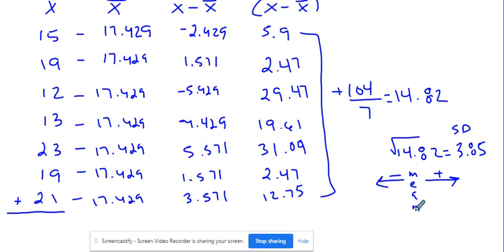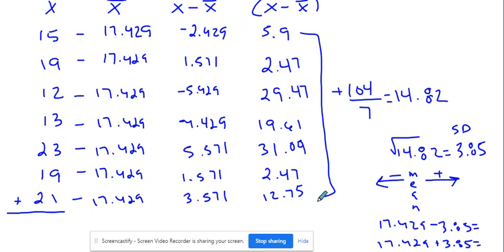So if I have my mean, 17.42, and I subtract my standard deviation of 3.85, or I have my mean and add 3.85, this will give me one standard deviation to the left and to the right, which will then tell me where about 75% of my data exists. Remember, the more data points you have, the closer you'll be to that 75%.